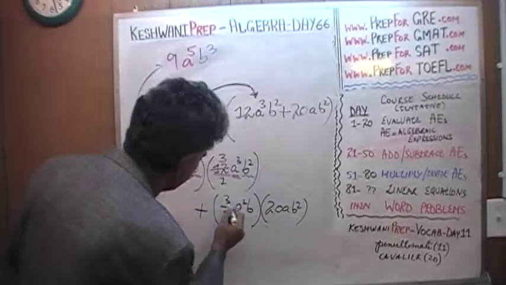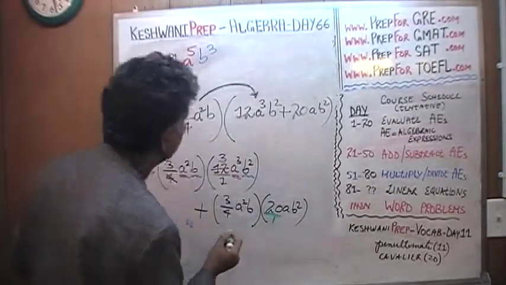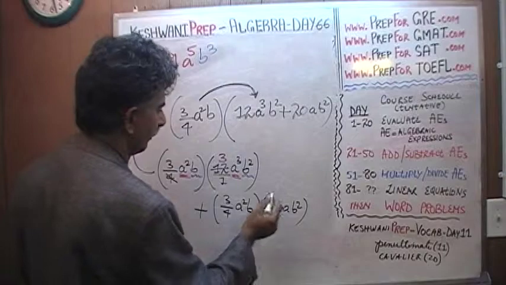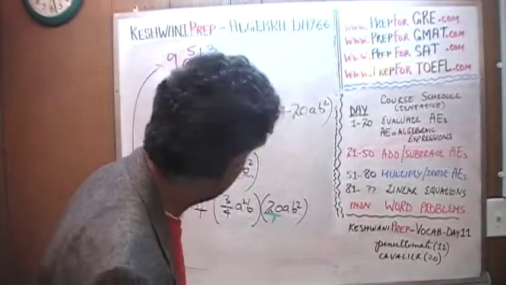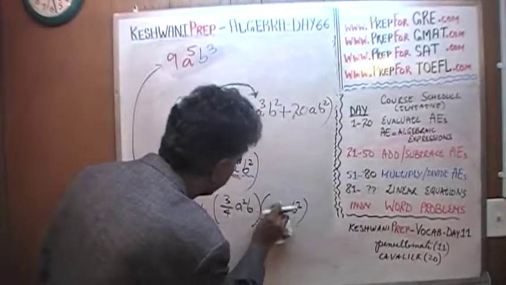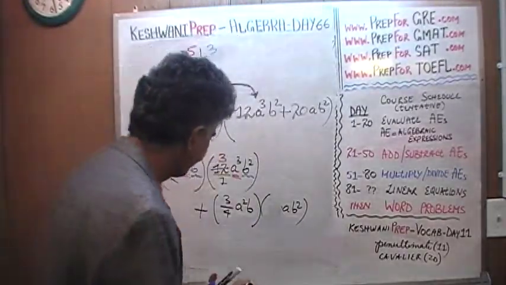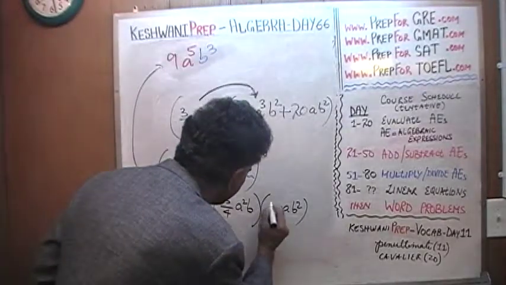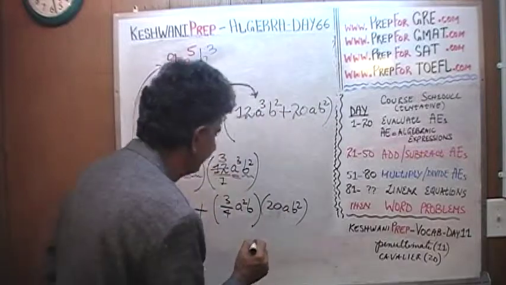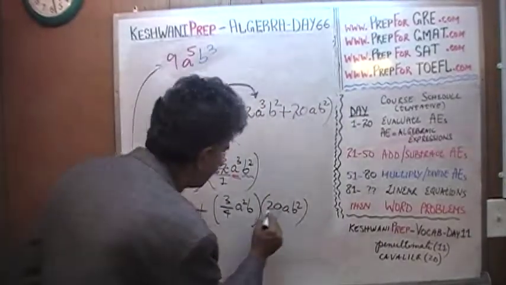Here again, we have 3/4 times 20. That's a 20. It's a very ugly looking 20. Let's fix it. Which is same as 20 over 1.